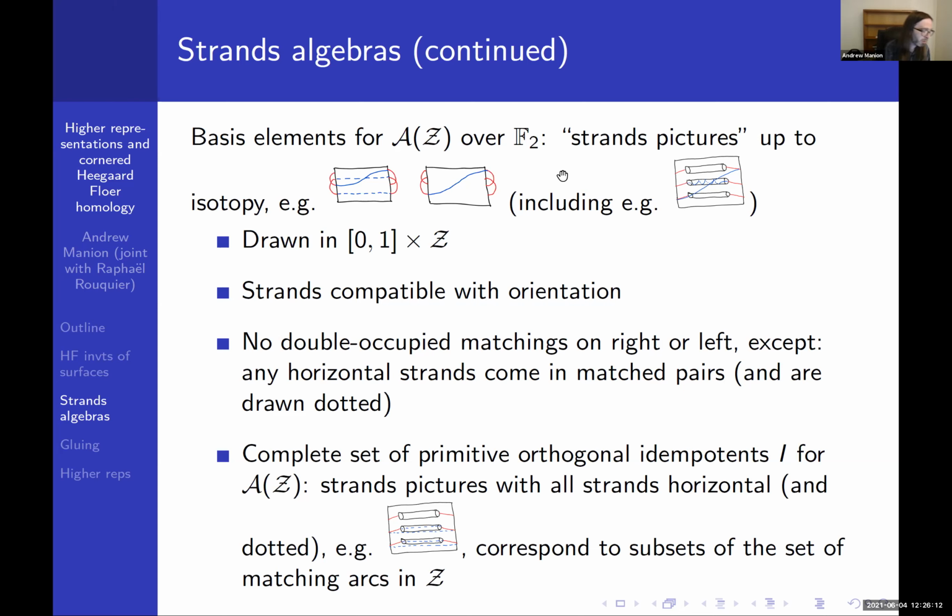They just have dotted strands, just constant ones. So basically, for any red matching arc, any of these three arcs, I can choose either I want that pair of dotted lines in there or I don't want it. And these give me special elements of this basis. And these are going to be idempotents for the multiplication.